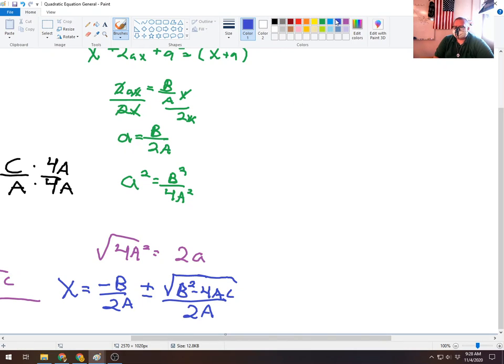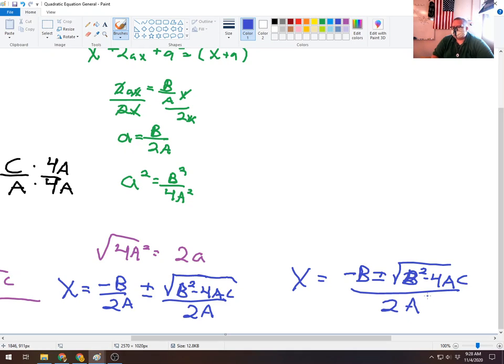So then we get, for our final answer here, what is x? As simple as we can write it, x is negative b plus or minus the square root of b squared minus 4ac all over 2a. Which you may know as the quadratic formula.